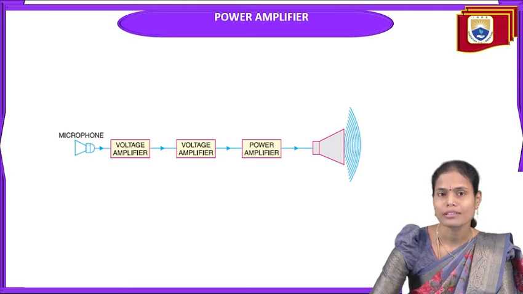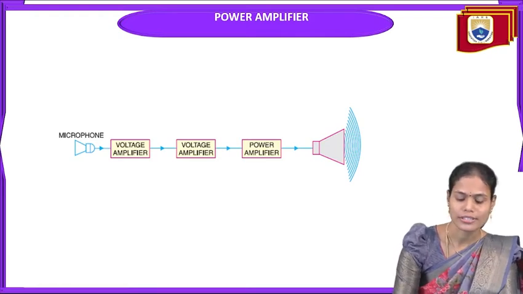So in order to run such applications, we need to provide a power signal as the input. To generate the power signal, we move to power amplifiers. Anyway, to run any large signal application, we require both small signal amplifiers as well as large signal amplifiers. Those are nothing but voltage or current amplifiers and power amplifiers.